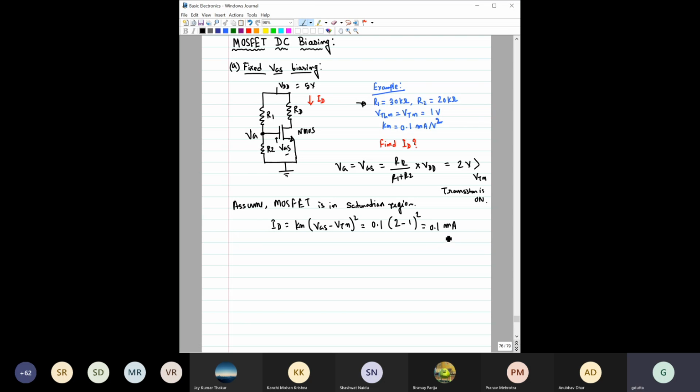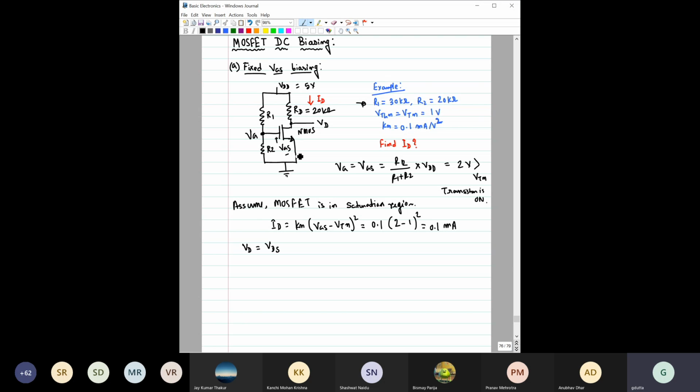0.1 milliamps. Now say this RD value is also given as 20 kilo ohm, then we can find what is the value of this VD, drain potential. This VD is nothing but equal to VDS here, because S is grounded.